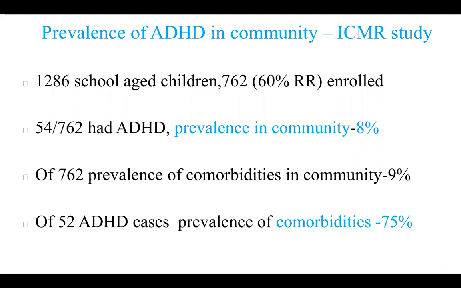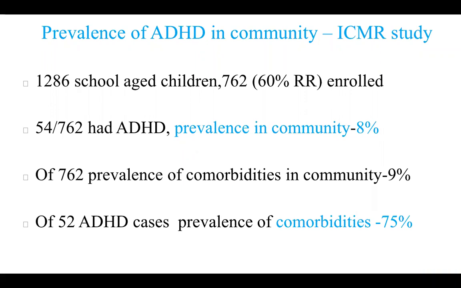To know the prevalence of ADHD in the community, we undertook a study wherein we screened about 1,300 school-age children. These children were in two settings: one was an urban setting in Mumbai, and one was a semi-urban setting in the suburbs of Mumbai, because we wanted to look at two different environmental settings.